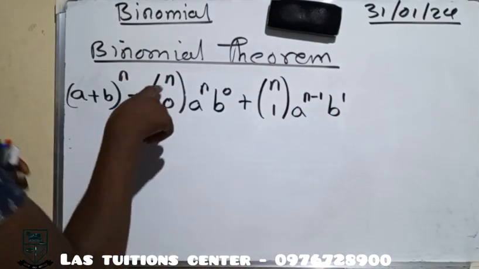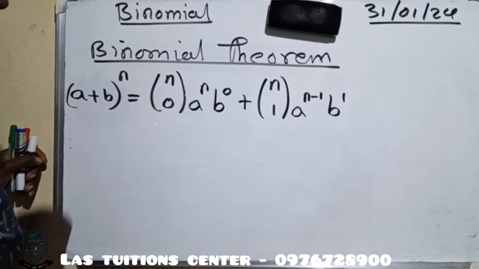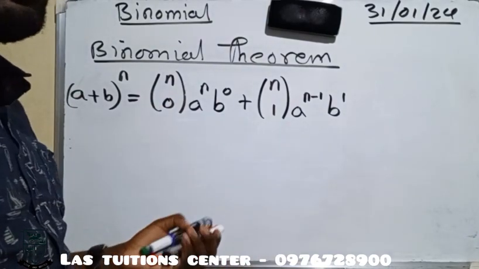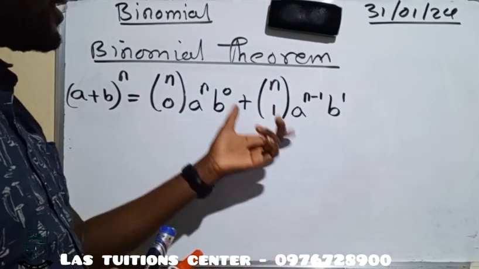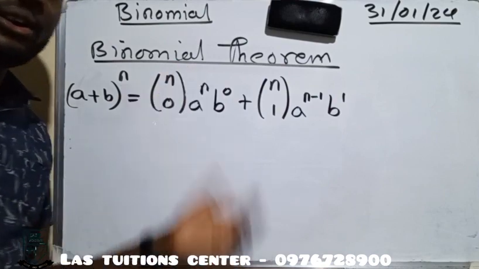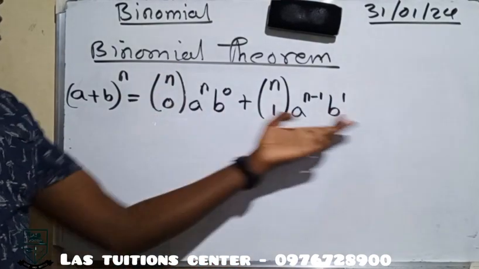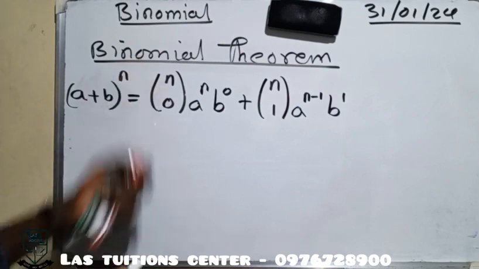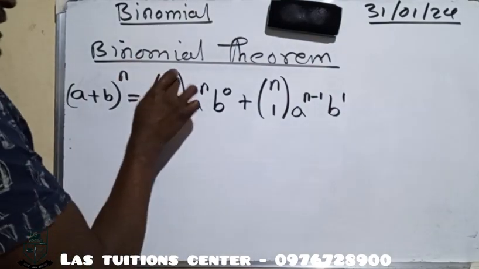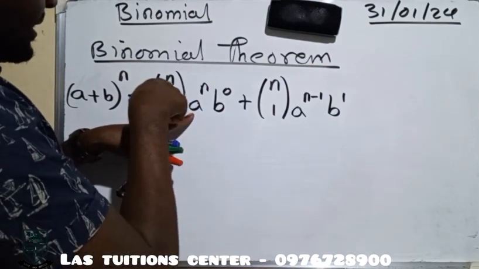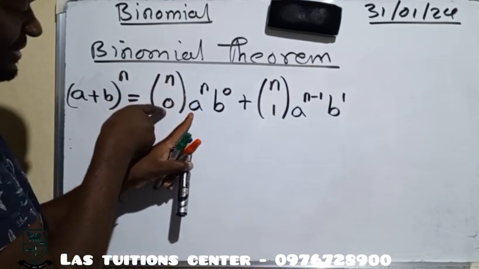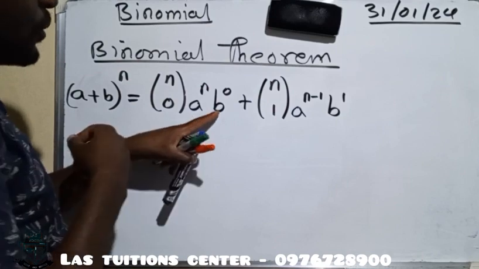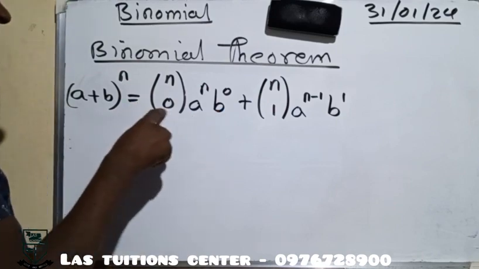So we begin with n choose 0. These are options that you can choose, either Pascal's triangle or this or anything. They are all there to help you expand the binomial expressions. A gets the power of n minus this, while b just gets this power down here.